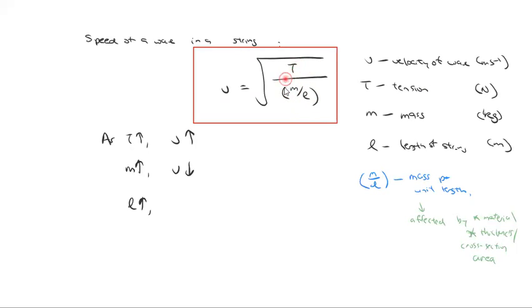And if this goes up, that means the square root of, so for L, it's going to increase, which means the denominator decreases. If the denominator decreases, that means this whole thing increases, which means the velocity will go up. Okay. And that's basically how it's going to affect things.